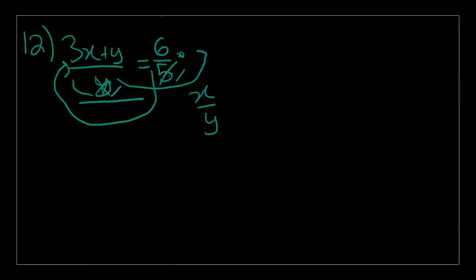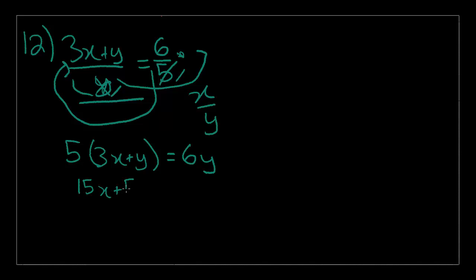So if we multiply 5 to the left hand side, it becomes 5 times (3x plus y) is equal to, and the y goes on the right side, 6y. Then we distribute the 5 over both terms, so 15x plus 5y is equal to 6y.